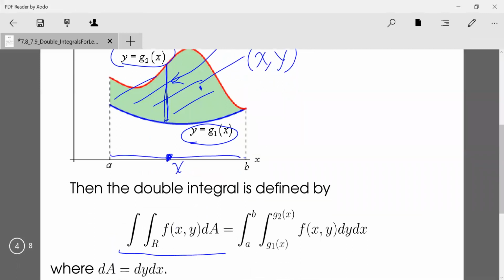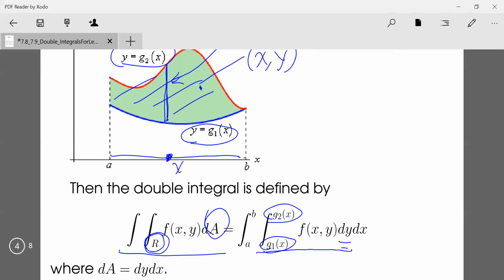Integral of f on the region R with respect to y and x. Now in this case, we are going to integrate with respect to y first. Notice that y is between the values of the two functions g1 and g2. That's the first integral, or the inner integral. And the result of this inner integral is a function of x.